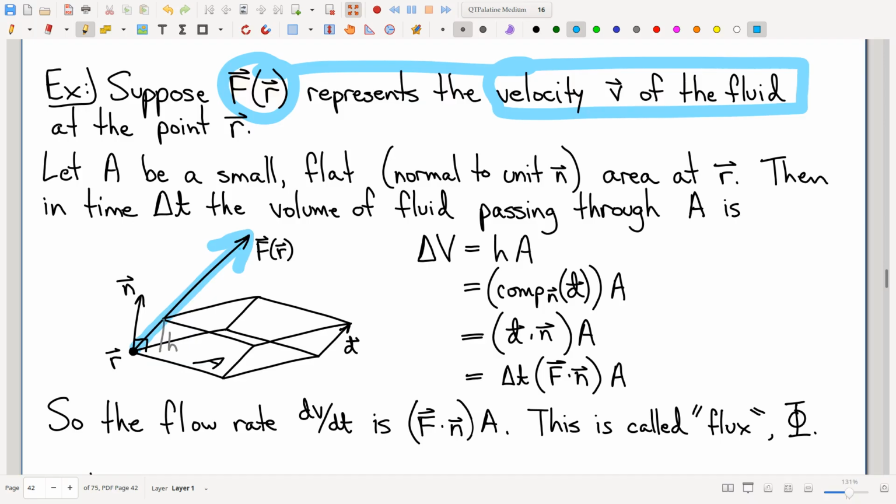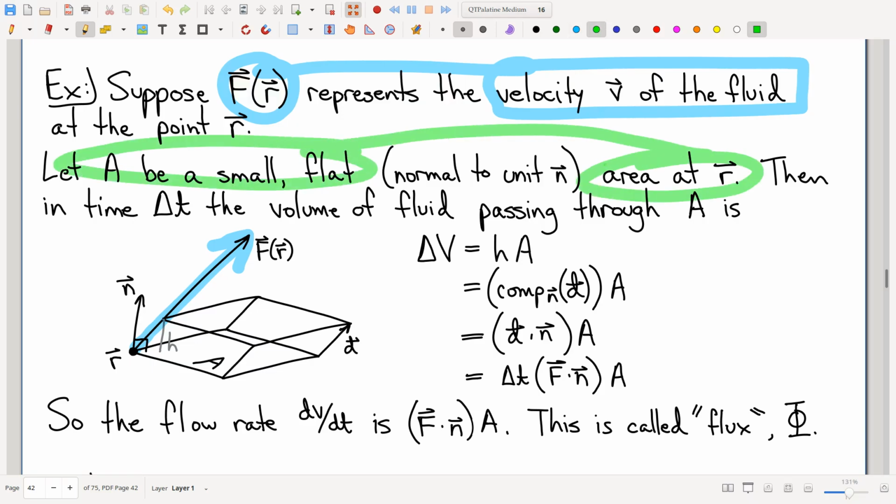By the way, for the purposes of this calculation, I want this to be the simplest possible scenario. We'll talk about complicated variations of this a little bit later. So I want the field to be constant. Let's just keep it constant. And the little surface that we're going to talk about is flat and small. This is the best case, simplest case scenario. Okay, so we have a small flat area.